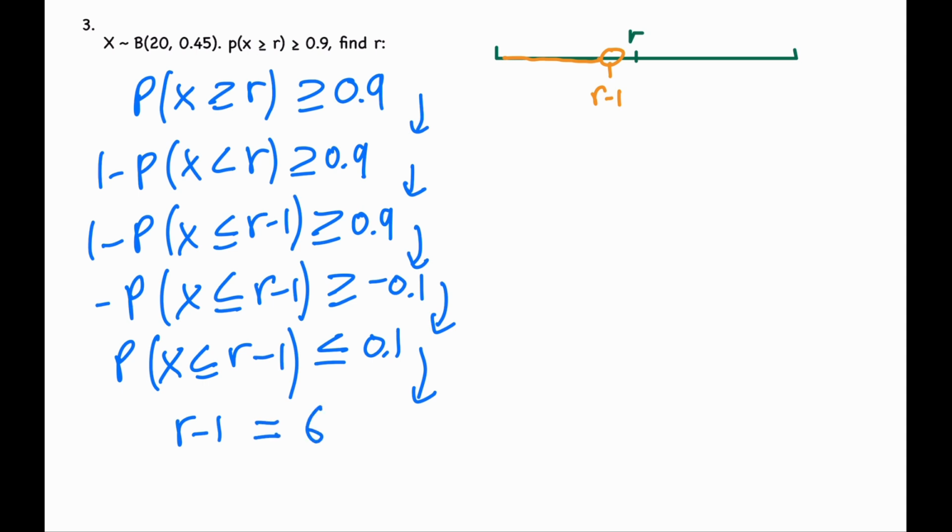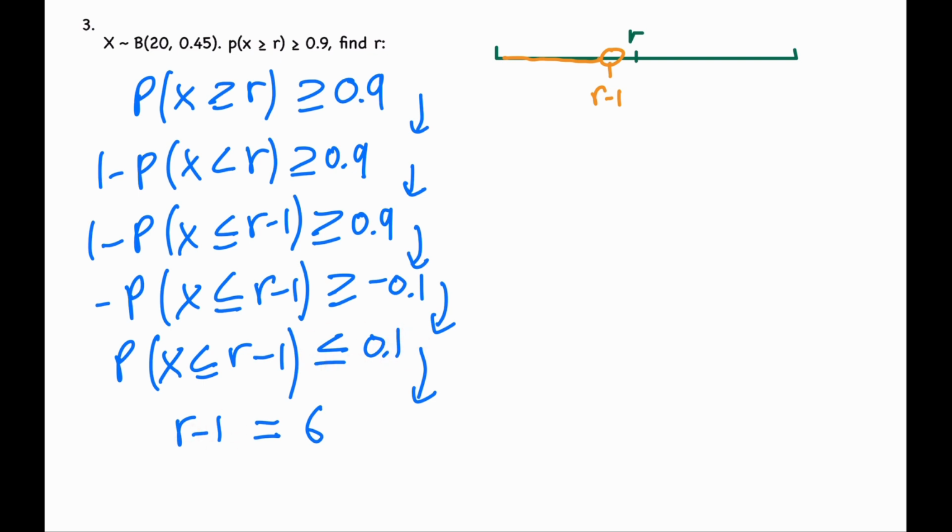However, remember that warning we got in the calculator from before. That means we don't know if this is accurate. So we're going to have to test this by putting it back into the calculator, to test whether the p of x for r minus 1 is smaller than 0.1.